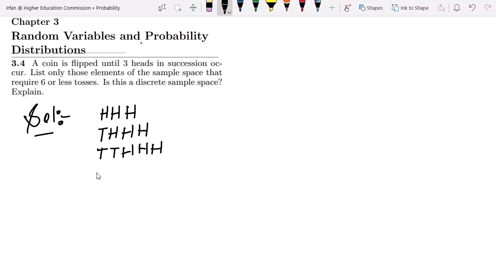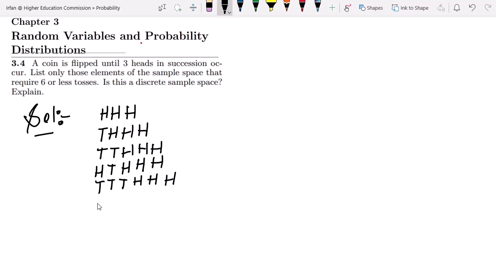Similarly we can also have heads, tail, heads, heads, heads. So there is another possibility. After it we can also have tail, tail, tail, and then heads, heads and heads. So here we have 6 tosses.